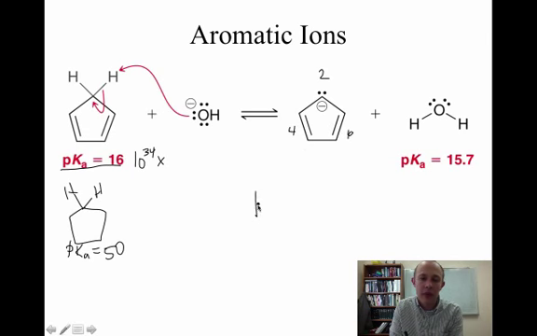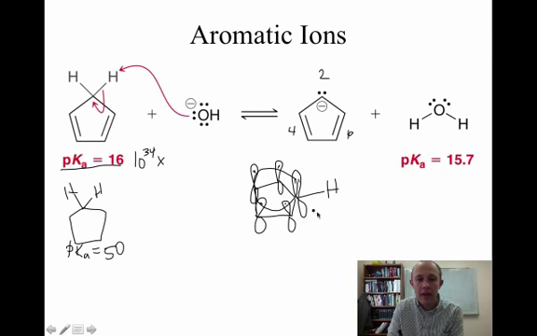If we look at a picture of the cyclopentadienyl anion, we have these pi bonds that each have electrons in them, and then this lone pair actually gets put into a p orbital. So now we have all sp2 hybridized carbons, and there we have 6 electrons that are overlapping.